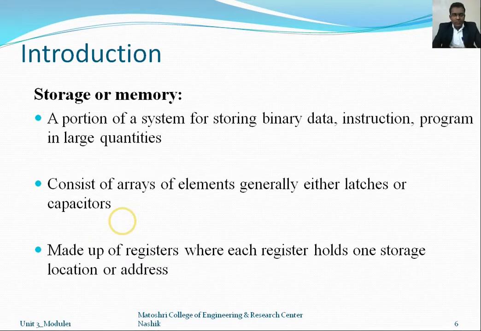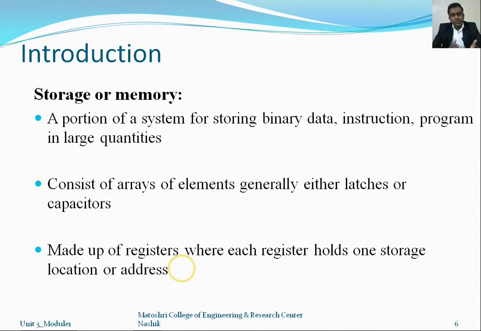For memory addresses and memory locations, a number of bits is required. In order to store more than 1 bit, we use registers. The third point given here is that memory is made up of registers, and we have already studied that a register is nothing but a combination of flip-flops, a combination of logic gates.